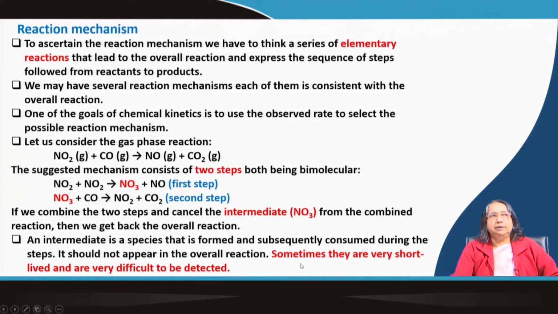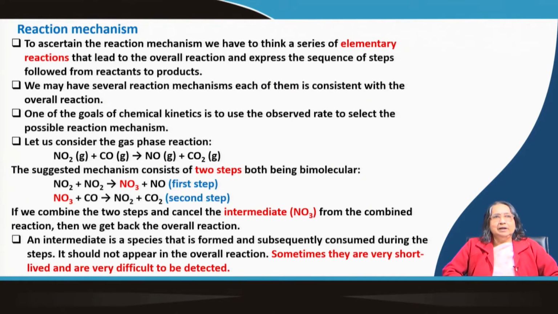Sometimes they are very short lived. Now, you may say that only I am thinking this. Then how to prove it? How to tell that really this intermediate is produced? I already told you that proposing a mechanism is difficult. You need a lot of experiments.